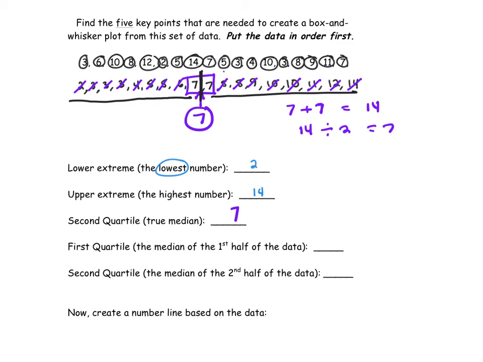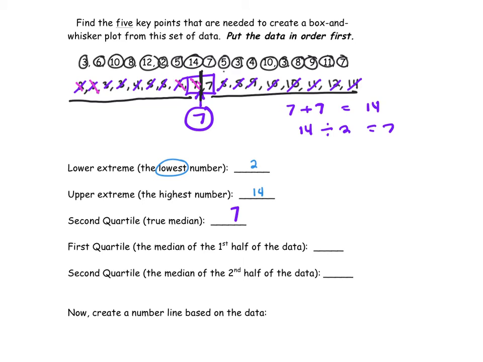Because now we're going to be asked to find the first quartile, which is the median of the first half. So let's count. There's 1, 2, 3, 4, 5, 6, 7, 8, 9, because this 7 is part of the lower data. So I have 9 numbers. This time, we're going to cross off a number from the front, a number from the back, but we're working with the lower half of the data.